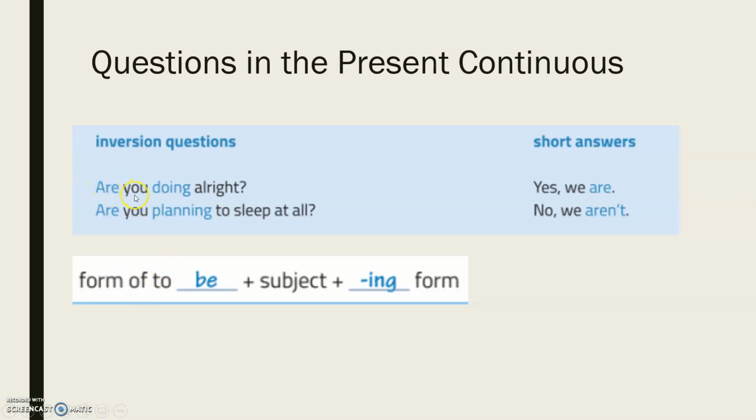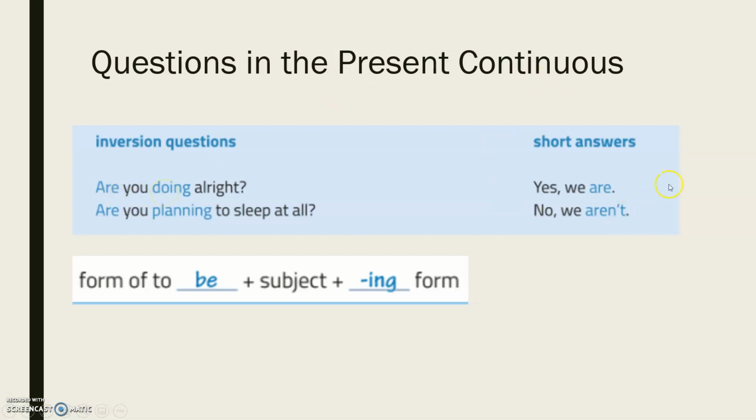Then you've got the subject, in this case, you, and then the ing form, doing, planning, and then the rest of the sentence. So with inversion, you start with the verb, but in this case it's the auxiliary verb, so not the main verb: the correct form of to be, subject, ing form.